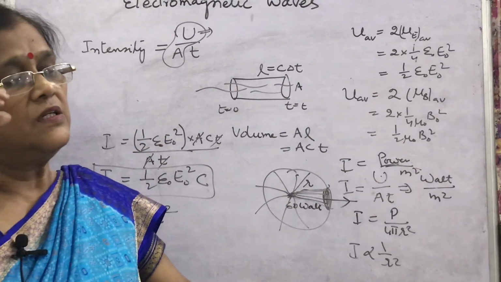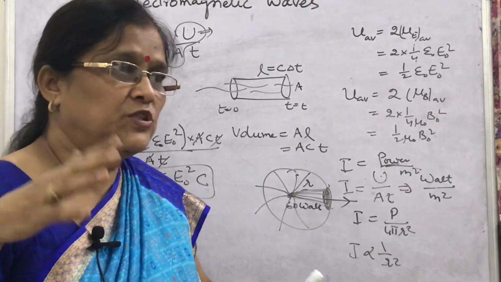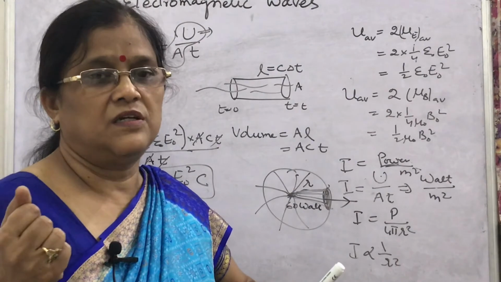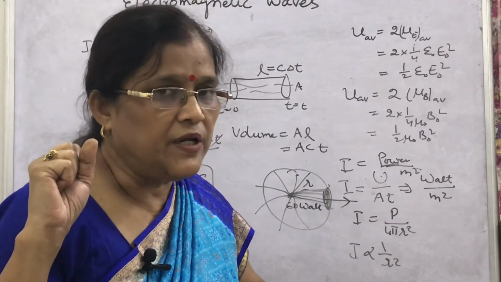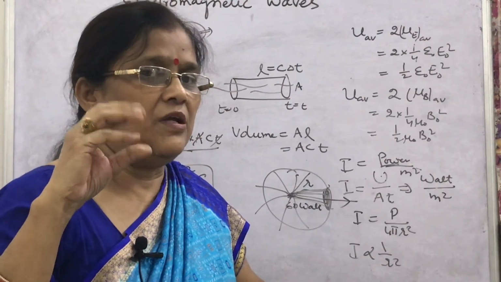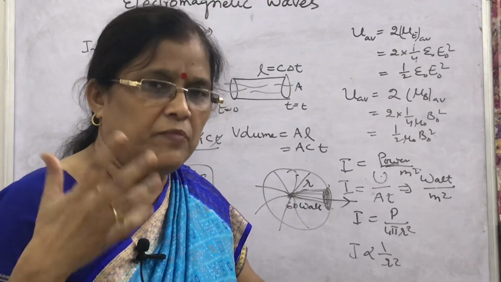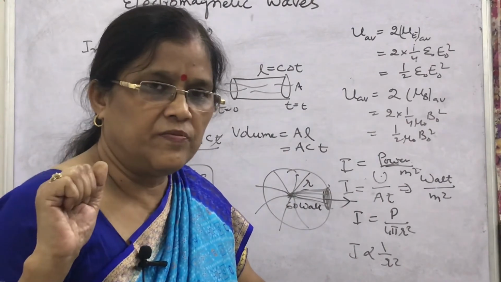Since in the 19th century, it was supposed by the scientists that waves can travel only in a medium, and EM waves do not require any medium. They can travel through a medium as well as through vacuum.